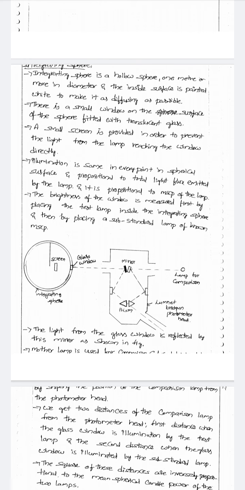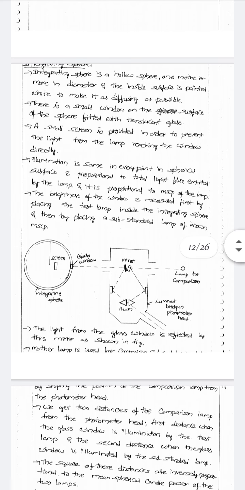A small screen is provided to prevent the lamp from directly illuminating the window. In the picture there is one lamp, and the remaining parts are kept on a rectangular plane consisting of a mirror and prism.